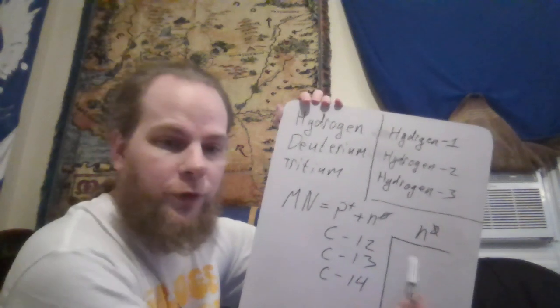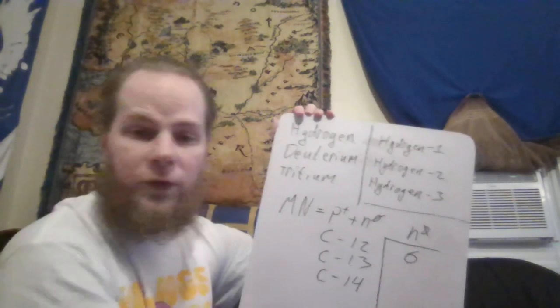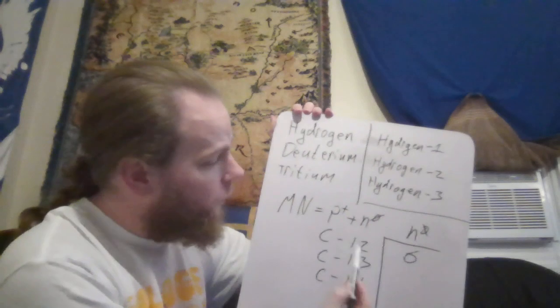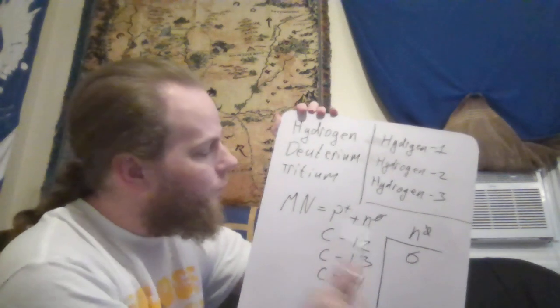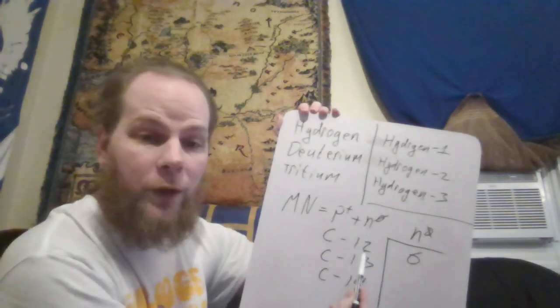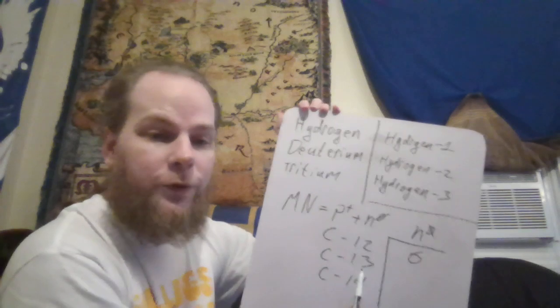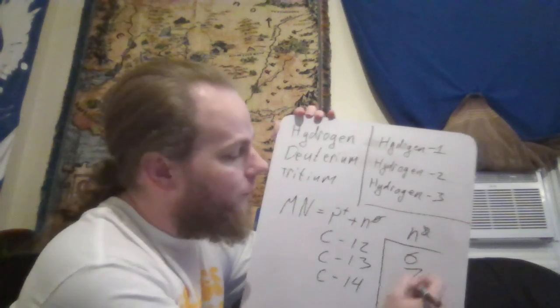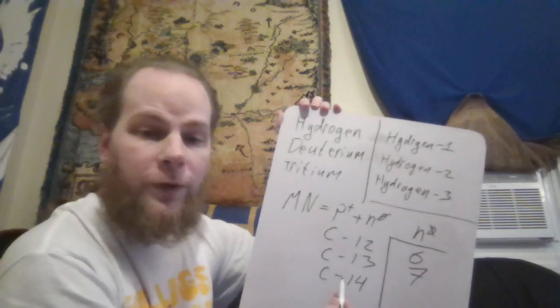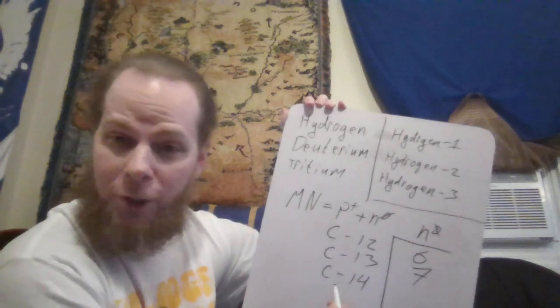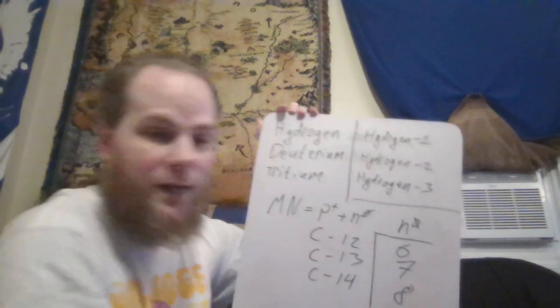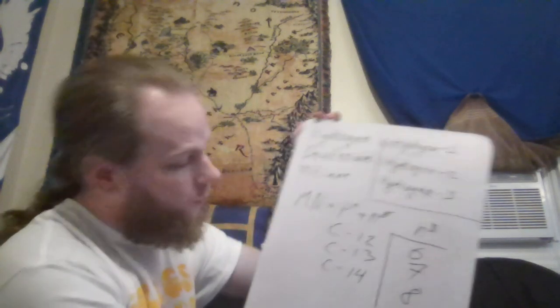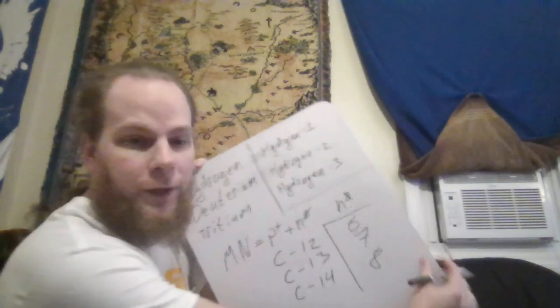So the number of neutrons in carbon-12 is also 6, because 6 plus 6 gives us 12. 6 protons, 6 neutrons gives us a mass number of 12. So carbon-13 then is going to have 7, and carbon-14, which you've actually probably heard of, is going to have 8 neutrons. Wow, that almost looks like an 8. Now it looks like an 8.